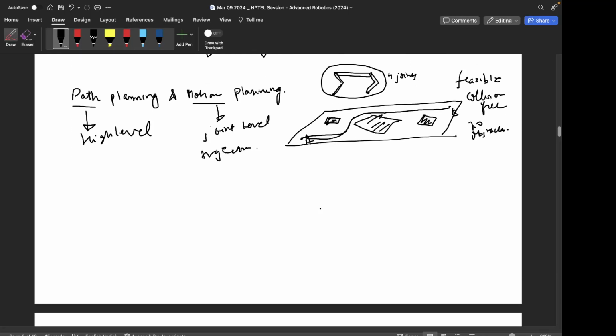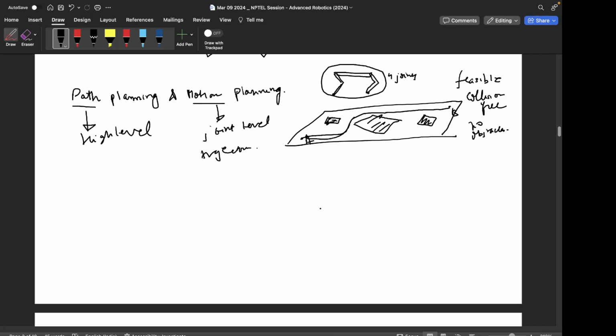Okay. So once we have this out of the way, path planning and motion planning, the point of spending some time on this is that I would like you to use these terms wisely and not loosely, not interchangeably, because it has some effects on what actual computations you do.